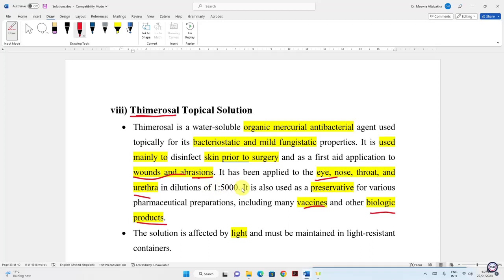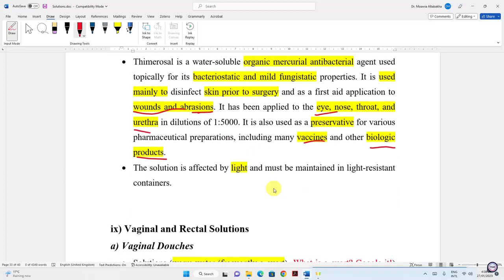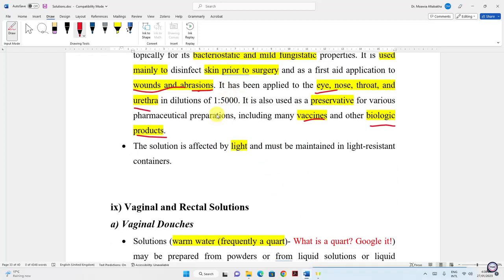Okay, 1 to 5,000. Look, here we don't have W by V or something. So this is regarding thimerosal. What you need to know is that thimerosal can be affected by light. This is the reason why it should be stored in a light resistant container.